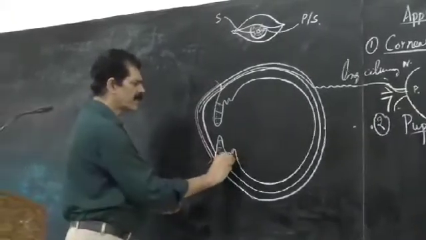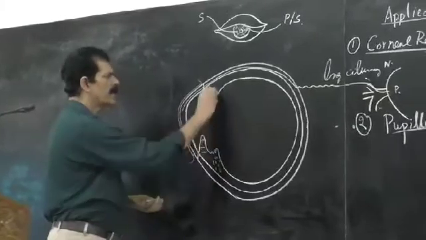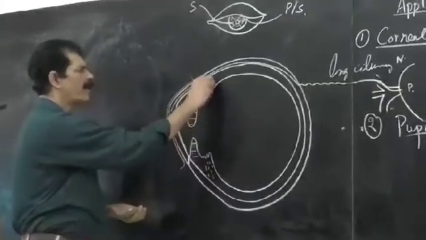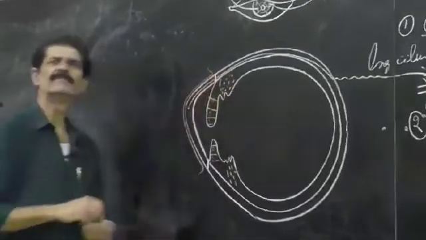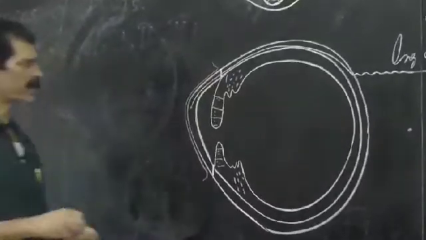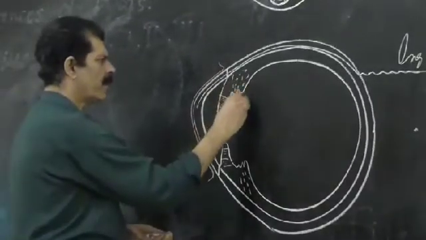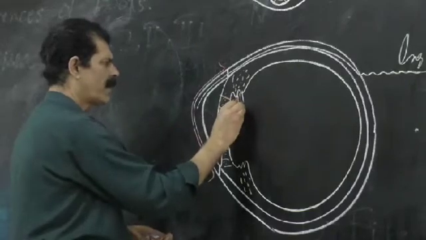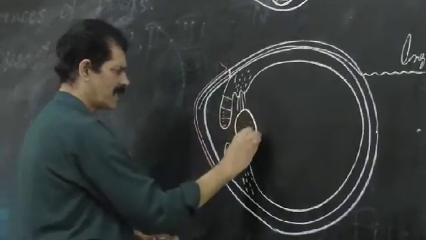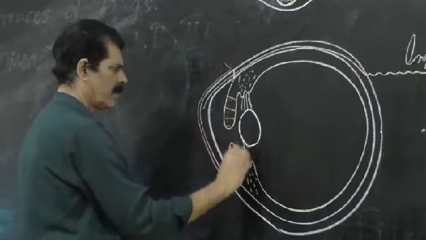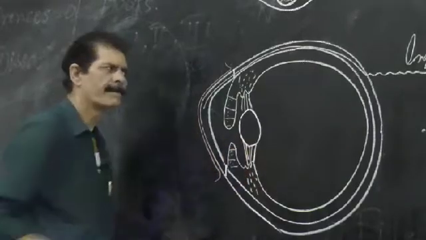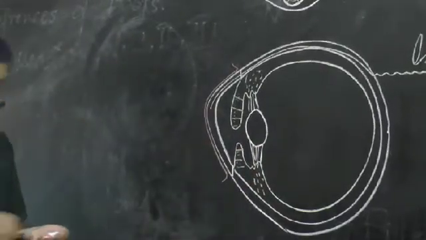Where is the ciliary muscle present? In the ciliary body of the choroid. And what is suspended from the ciliary body? The biconvex lens.